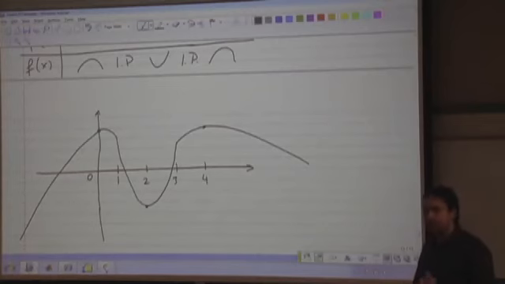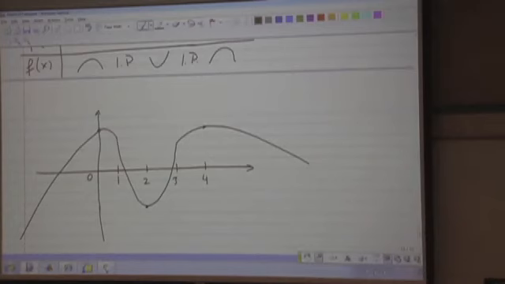First derivative tells us minimums and maximums, and increasing, decreasing intervals. Second table, second derivative tells us concavities, and it tells us inflection points. Okay? Is this making sense? Okay.